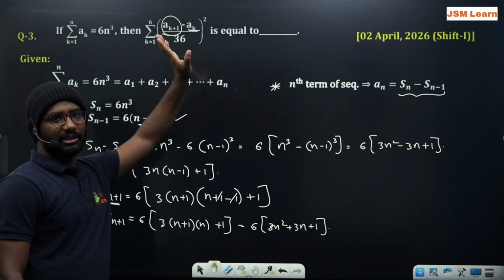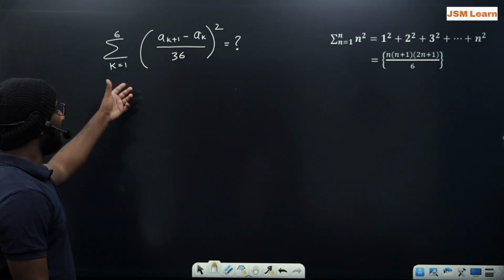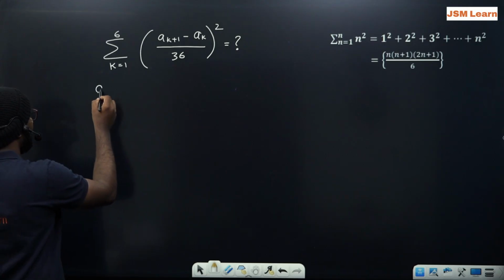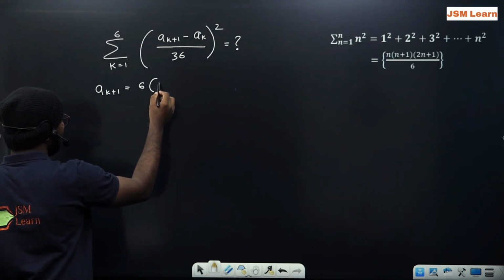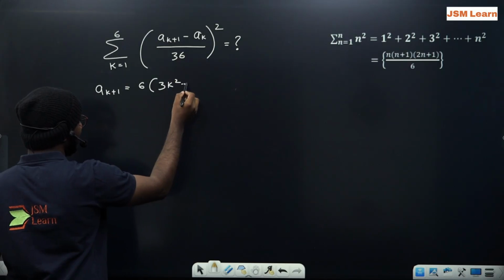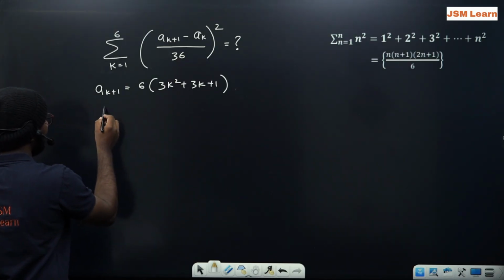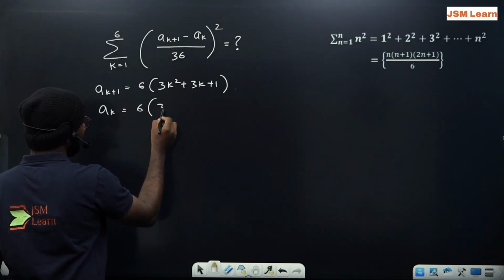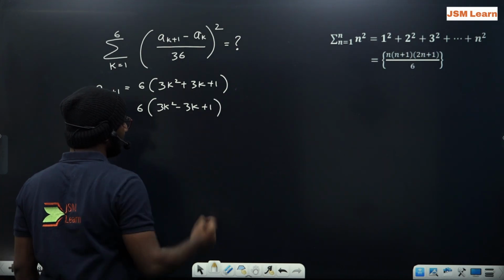On finding these two terms, which is n plus 1th and nth term, we are going to substitute in this given condition. Now we are going to find the value of this given expression. We got that a k plus 1th term is equals to 6 times 3k square plus 3k plus 1 and ak, which is equals to kth term, 6 times 3k square minus 3k plus 1.